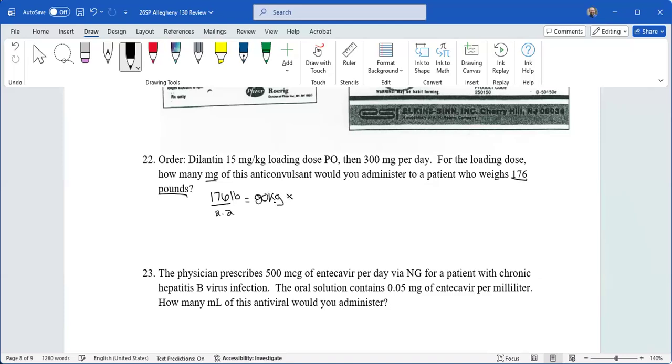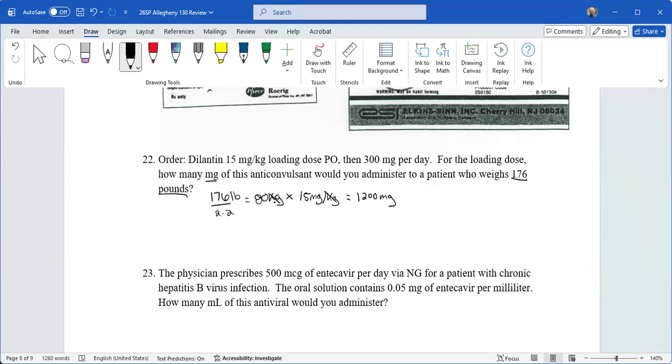And then you're just going to multiply by the loading dose. In this example, it's 15 milligrams per kilogram. So kilograms cancel out, and 80 times 15 gives you a loading dose of 1,200 milligrams. So that would be how you would answer that question.